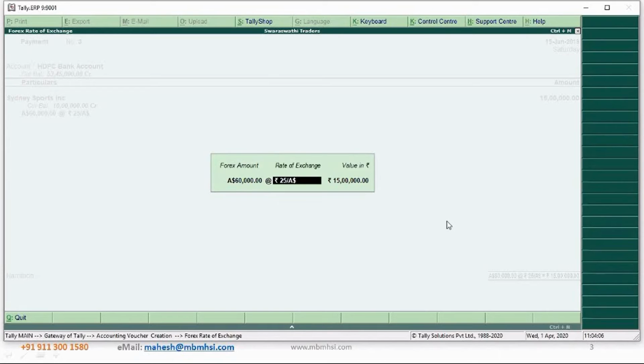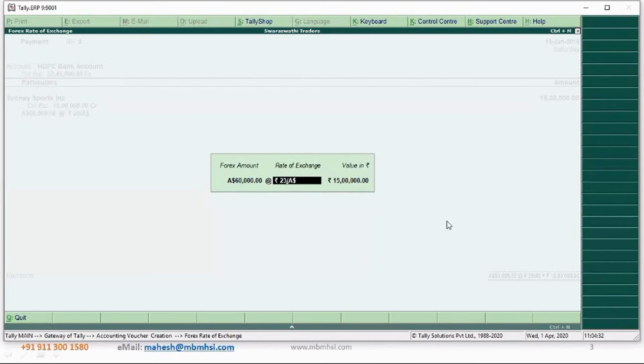Now in this example, let us take that the dollar rate has fallen. In the previous example, we saw the US dollar rate went up by 3 rupees before we made the payment. Now let us say the Australian dollars has gone down by 2 rupees. Now when I'm making the payment, the Australian dollars is 23 rupee per dollar.